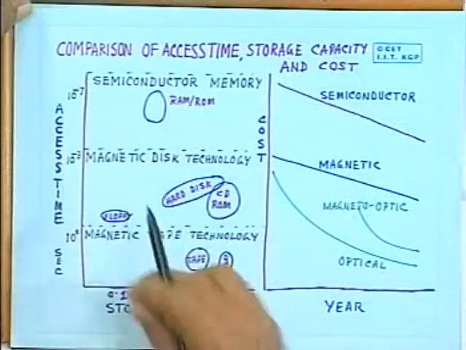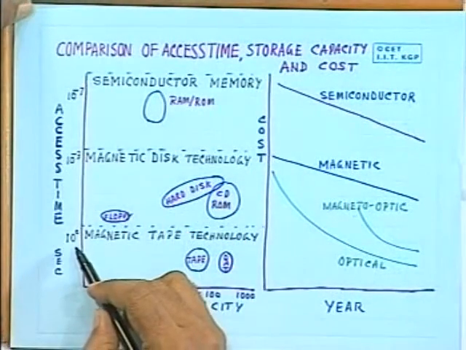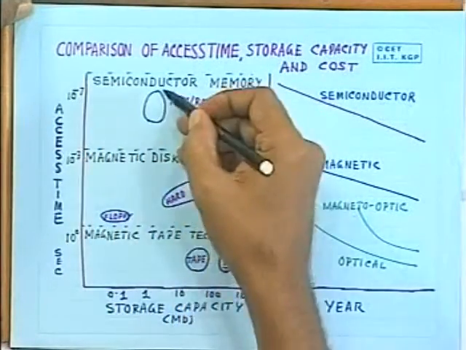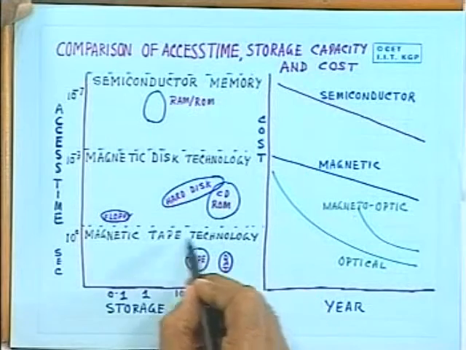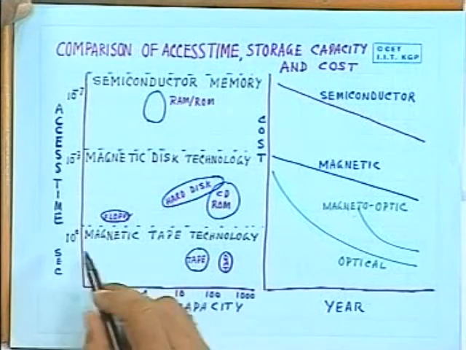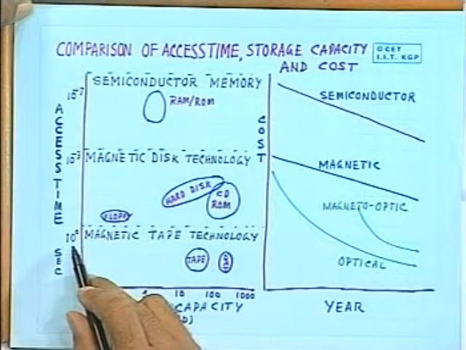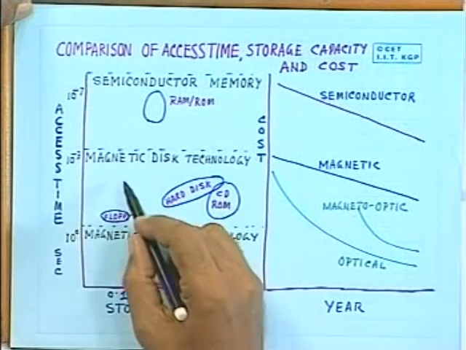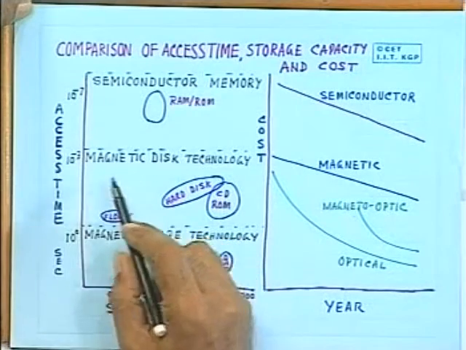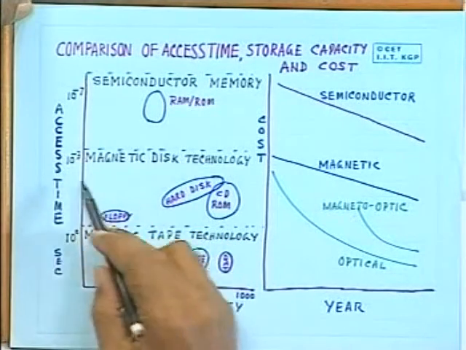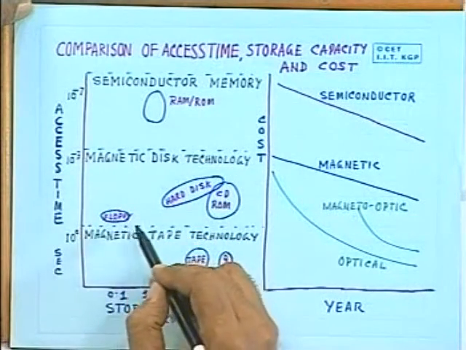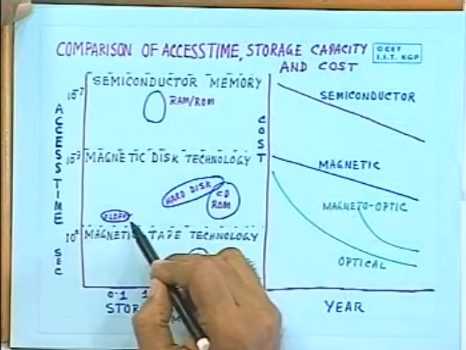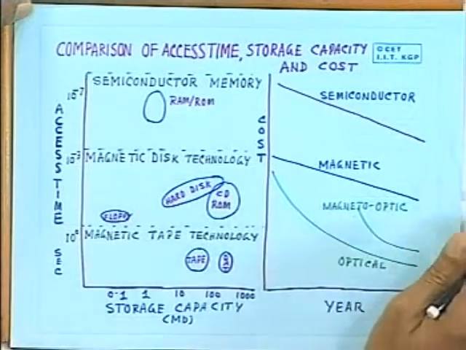So, as you can see here, access time is smaller and smaller as you go up. That means the magnetic tape technologies are slowest, taking a time of the order of 1 second or even more. On the other hand, magnetic disk technology takes time of the order of millisecond for accessing data from devices like floppy, hard disk and CD-ROM.